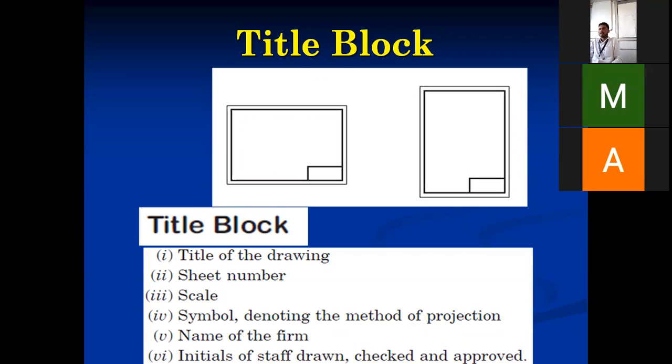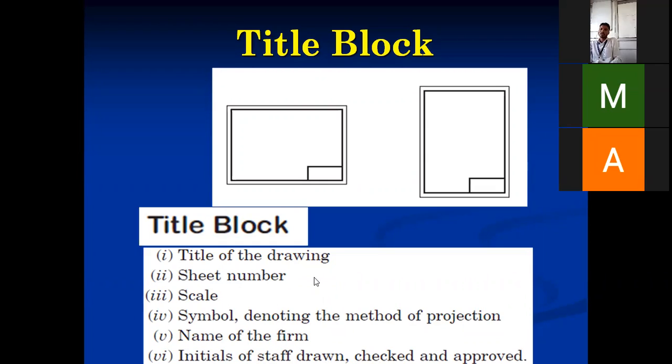Similarly, the description of the drawing will be contained in the title block: title of drawing, sheet number, scale, symbol, name of firm or organization, initials of staff who drew, checked and approved. These things should be there in your title block. So this also we have seen.